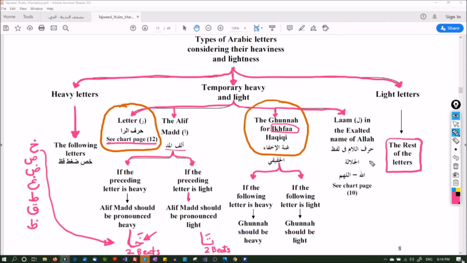We can do this one. So this one is not very complicated. Harful lam fi lafzul jalala. So the lam in the name of Allah is known as lamul jalala.